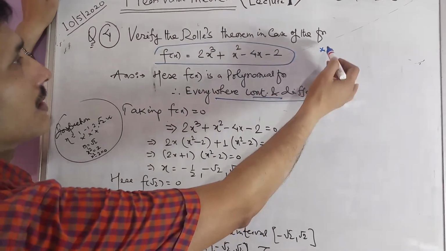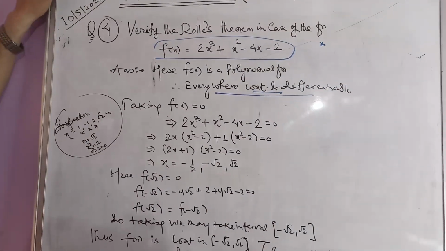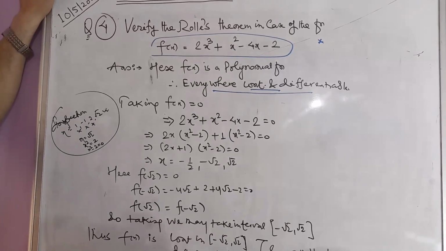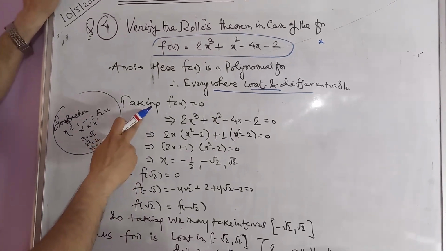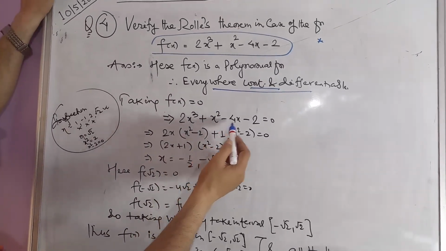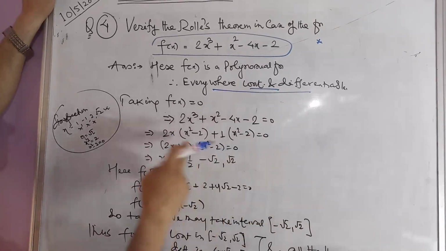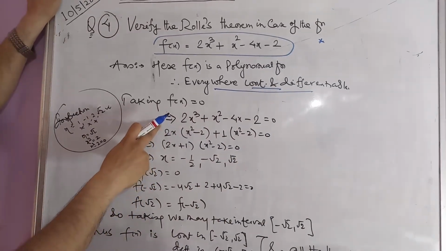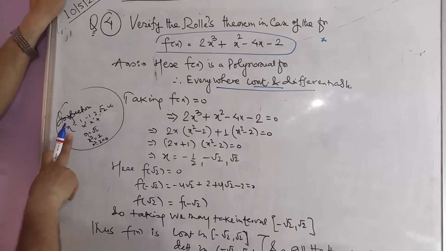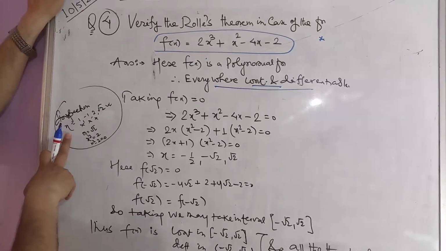Since the interval is not given, first we think for an interval. For this, taking f(x) equal to 0, x cube plus x square minus 4x minus 2 equal to 0. By inspection, we put here x equal to 1, minus 1, 2, minus 2, root 2, minus root 2, etc.